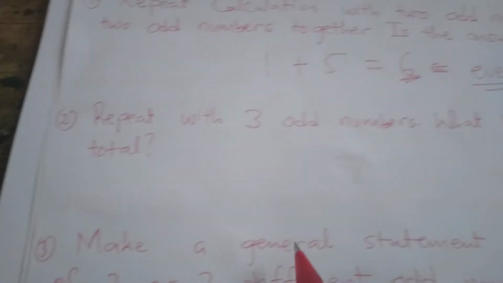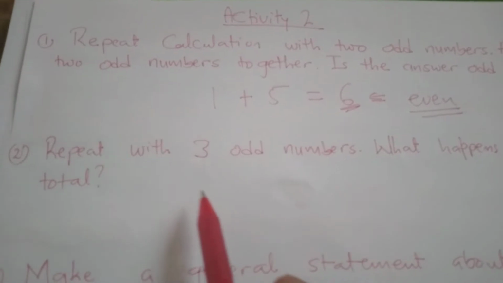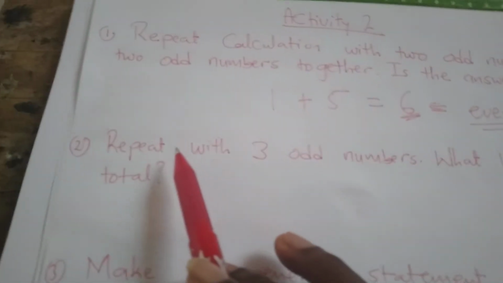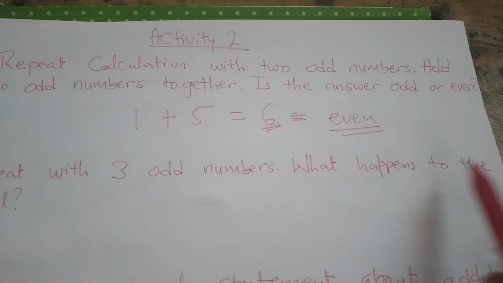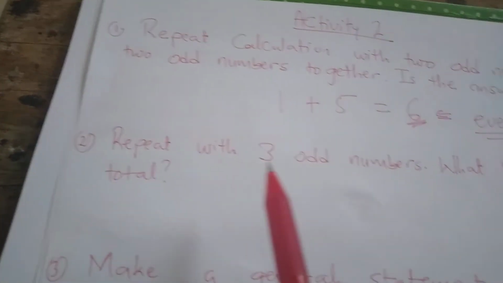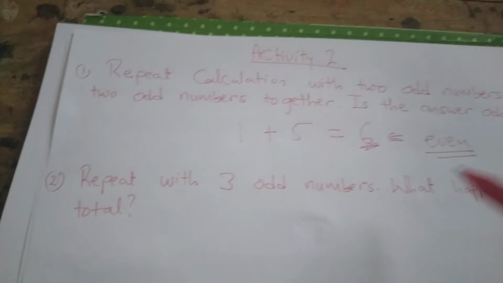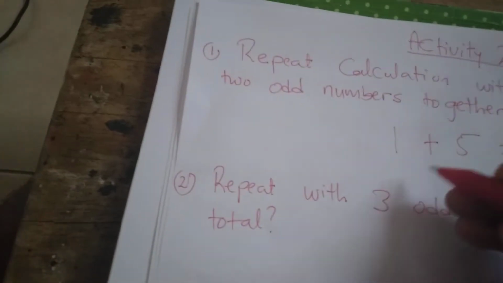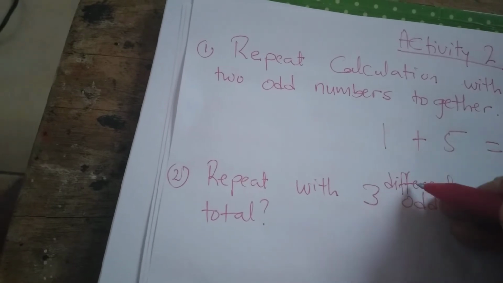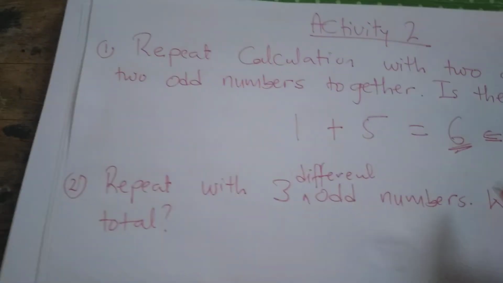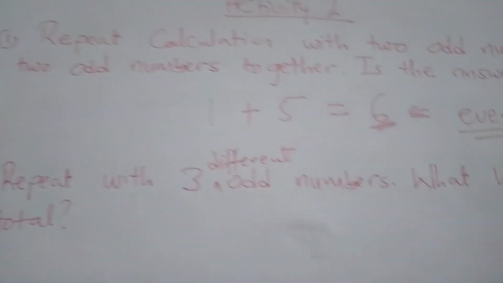Now let's move on to step 2 of activity 2, which says repeat with 3 odd numbers. What happens to the total? Repeat with 3 different odd numbers.